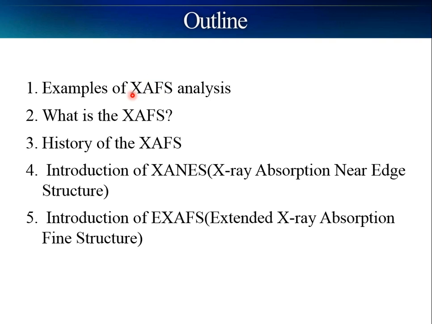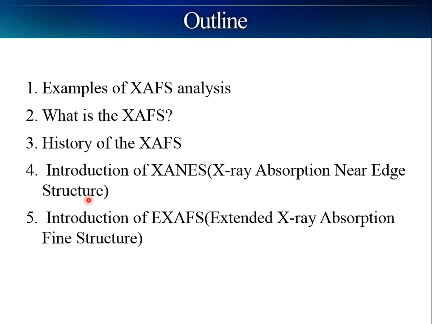Next, the concept of XAFS will be described in brief for helping your understanding. And then, the history of XAFS will be described in the course of time, which reveals how XAFS developed. XAFS is divided into two parts, XANES and EXAFS. XANES refers to X-ray absorption near edge structure.